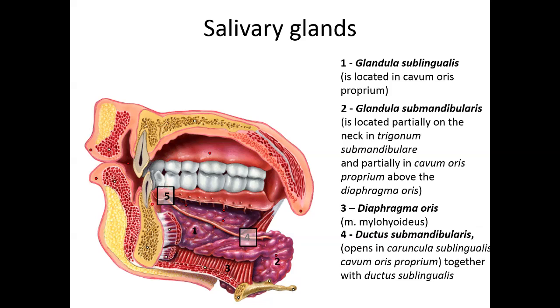In cavitas oris proprium, under the tongue. Caruncula sublingualis is placed in cavitas oris proprium, under the tongue. We can say sublingually.